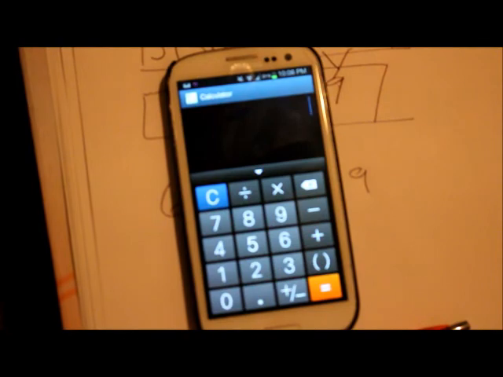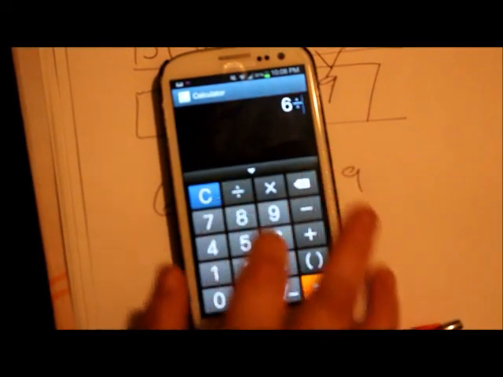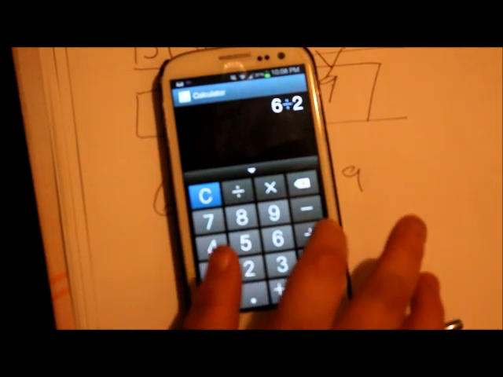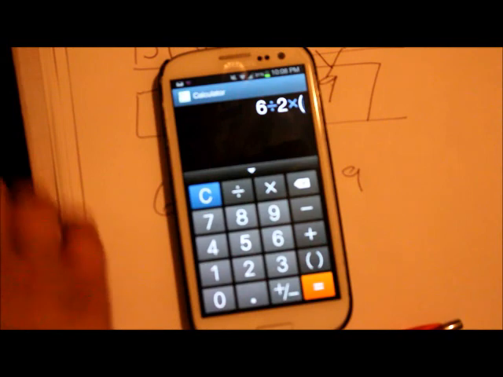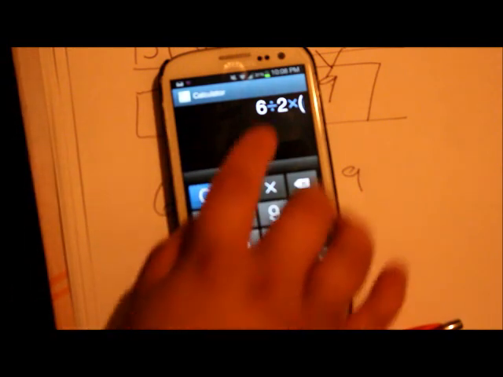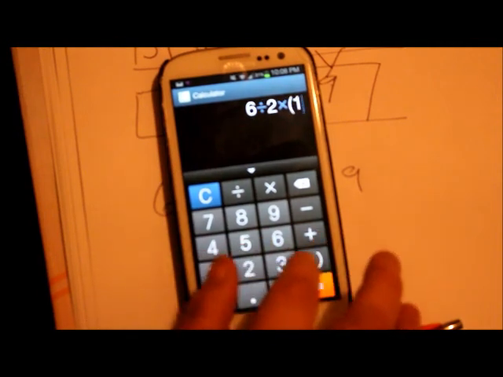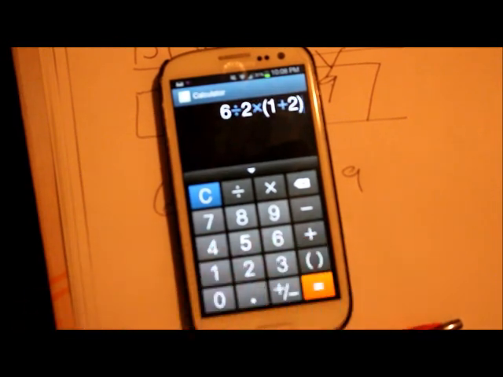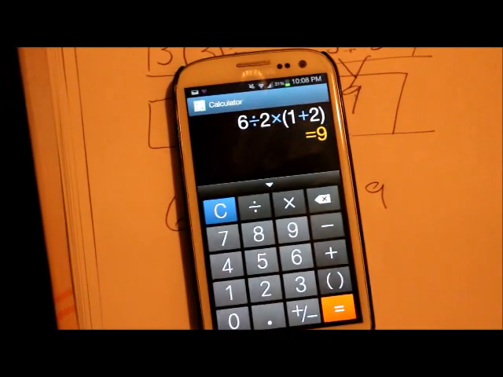Let me zoom in on it and focus. You can see 6 divided by 2, parenthesis, and my calculator automatically adds the multiplication symbol between the 2 and the parenthesis because it's implied. 1 plus 2 equals, and as you can see, that is equal to 9.